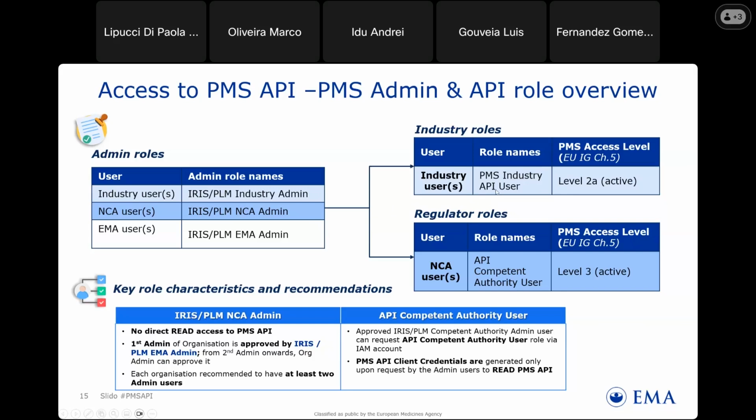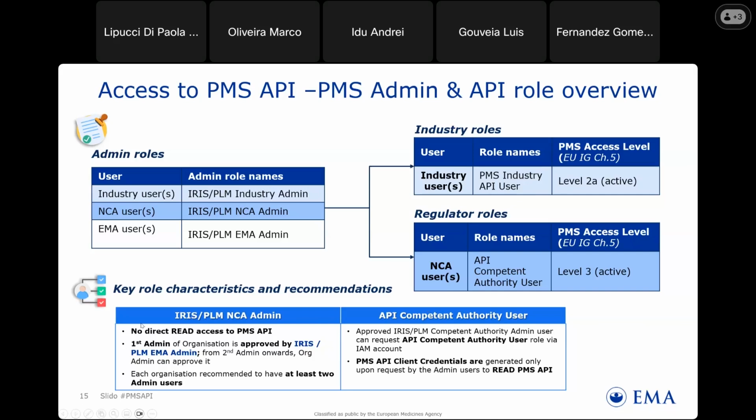If you click it, you need to fill in a form and submit your information, and you will be granted the PMS Industry API User role, which corresponds to Chapter 5 of our guidance to Level 2A, which is the full access to any information, even commercially sensitive information, for that specific organization. And the same is for NCAs. The difference is that industry can see only the products that they own for that organization, while NCAs can see any type of products as authorized in Europe.